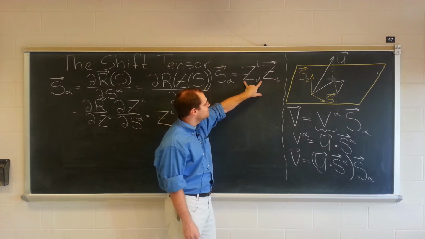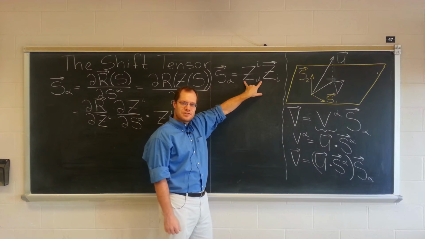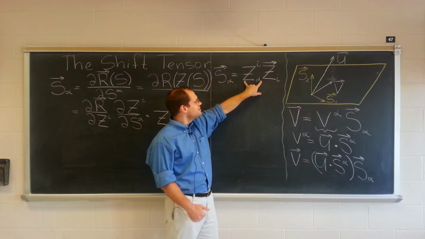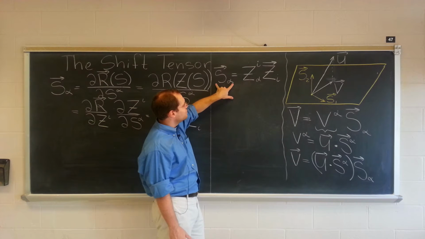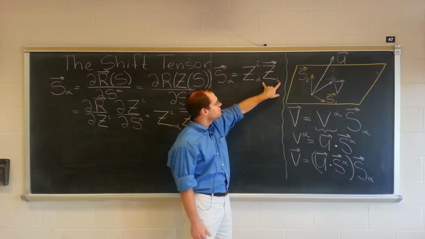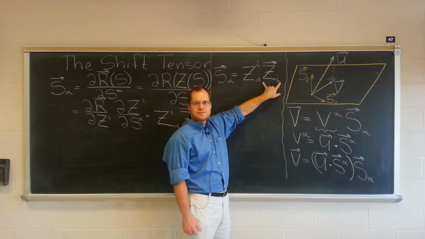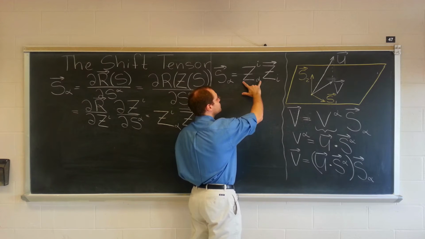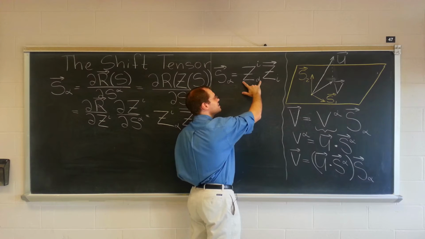And these entries of the shift tensor are merely the components of the surface basis with respect to the ambient basis. So you can almost think of this as two sets of triplets, rather than a 3 by 2 matrix.